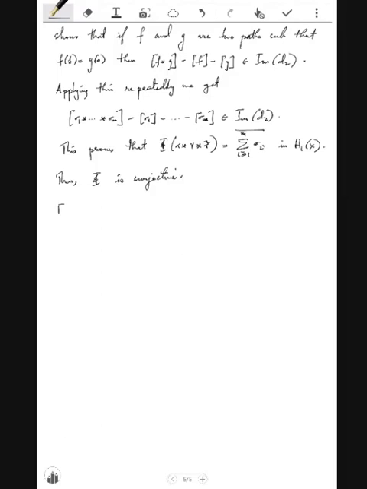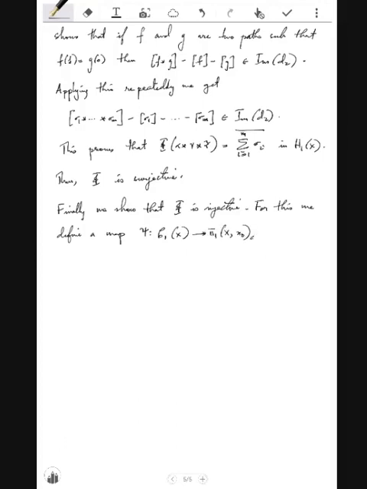Finally, we show that phi is injective. For this, we define a map psi from C1(X) to pi1(X, x0) abelianization.